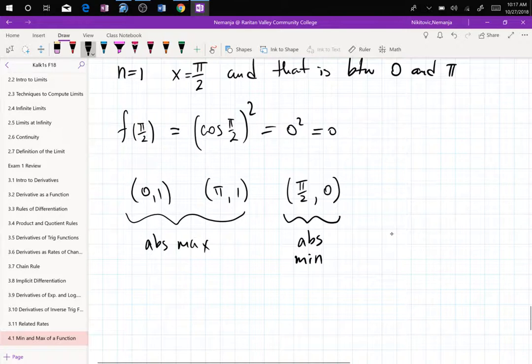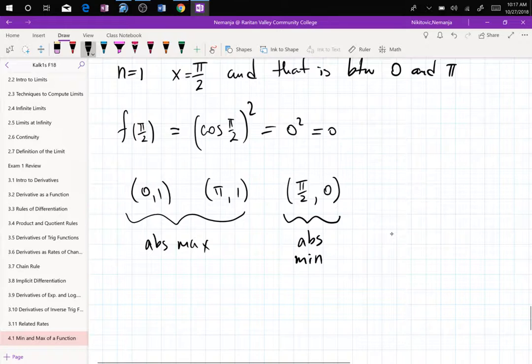And here is the Desmos graph of cosine x squared. Observe that pi is right here, which is this peak right there.